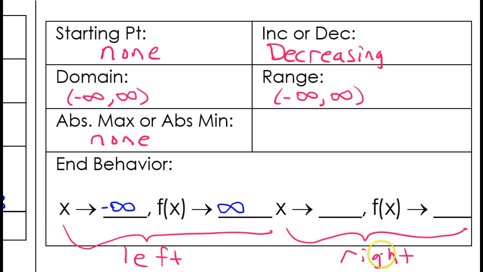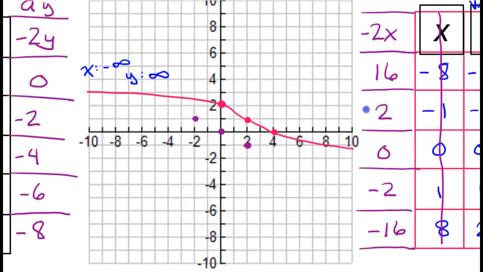Okay. Now let's look at the right end of the graph. Here's the right end. First, let's talk about what the x values are doing. The x values are going to the right, because the choices are left and right. It's going to the right, so that's positive infinity. Now let's talk about what the y values are doing. Y values go up and down. So is this going up or down?